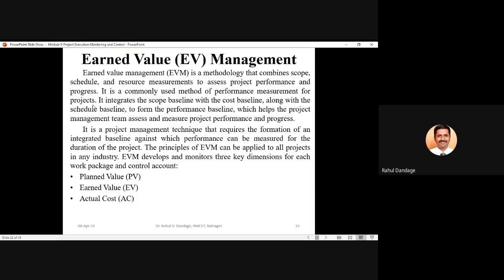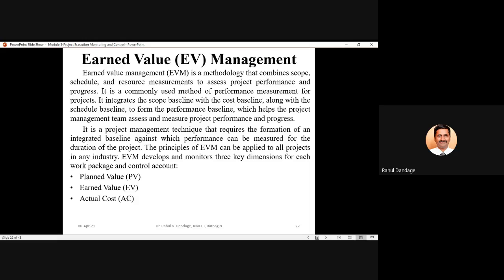Earned value management is a project management technique which requires the formation of an integrated baseline against which the performance can be measured for the duration of the project. So we can either measure the performance of the project for the entire duration, that is the entire life cycle of the project, or we may also assess the performance at any particular period of time in the life cycle of the project.